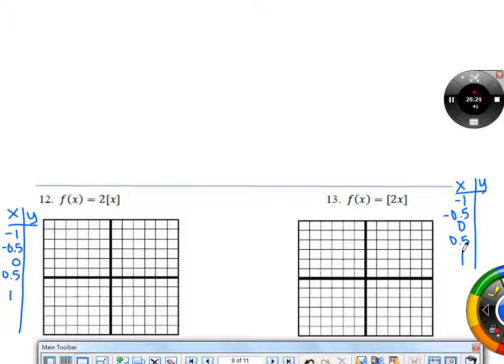Okay, so you're plugging these five values into each of these. The difference is, in number 12, you're going to round, and then once you're done rounding, you're going to multiply by 2 to get your answer. In number 13, you're going to take your input and multiply it by 2, and then you're going to round after you've got the answer. Okay, and we'll see if those look any different.